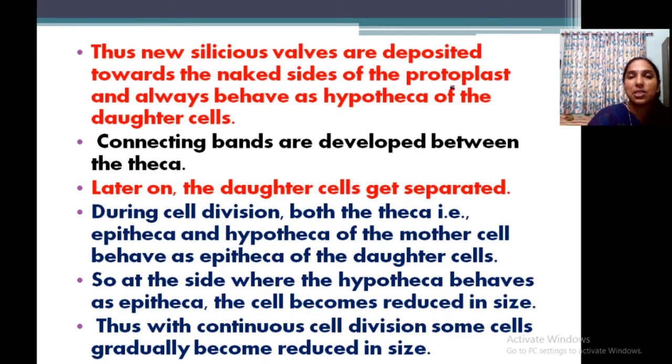I will show you the picture. The new walls are deposited, connecting strands develop. Both the thecae, epitheca and hypotheca, behave as epitheca. On the side where the hypotheca behaves as epitheca, the cell becomes reduced in size. See, I will show you. So this is the structure. This is the epitheca, and this is the hypotheca.